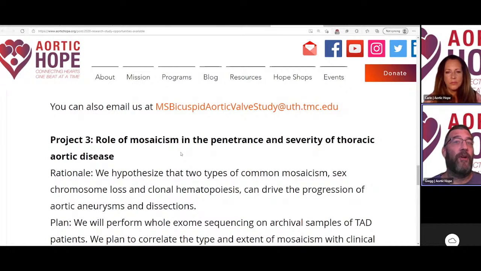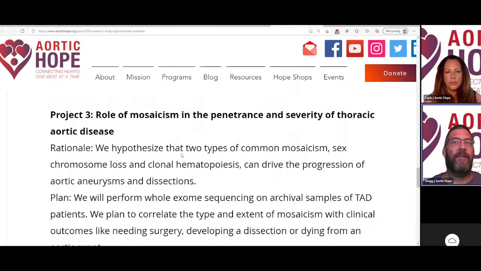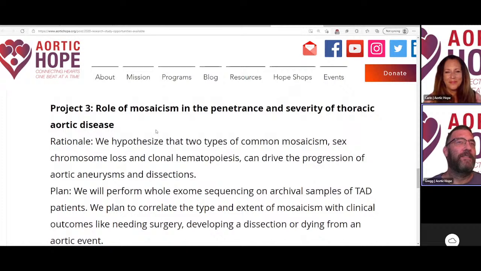And then the third one, I don't know as much about. It's the role of mosaicism in the penetrance and severity of thoracic aortic disease. And the rationale in that is they hypothesize that two types of common mosaicism, sex chromosome loss and clonal hematopoiesis, I have no idea. I was waiting.